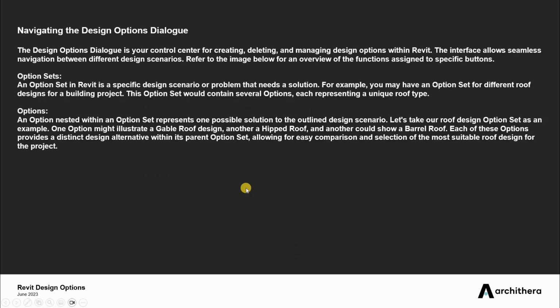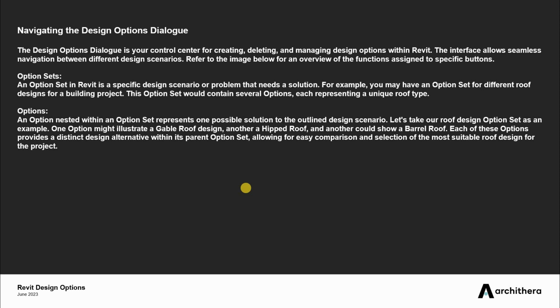Now, navigating the Design Options dialog. There are two main principles to understand, two main definitions to understand. What are option sets and options? The option set is basically a group of options.